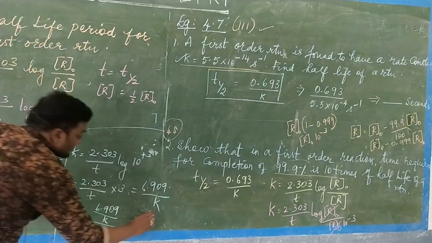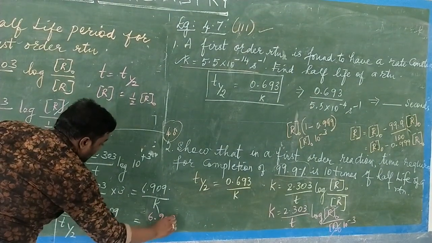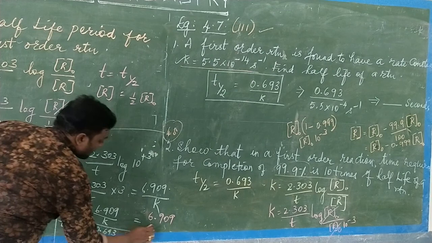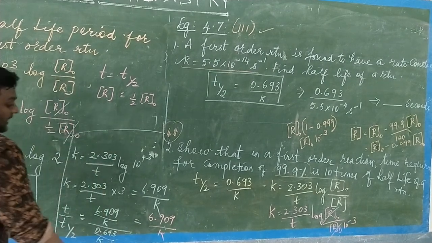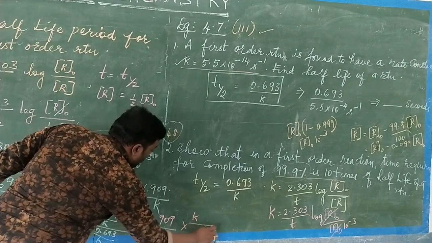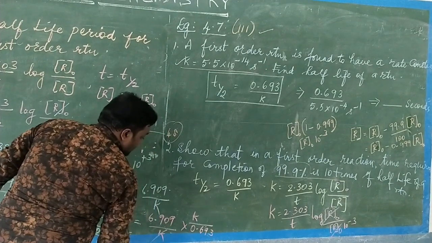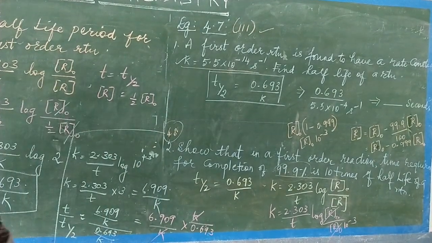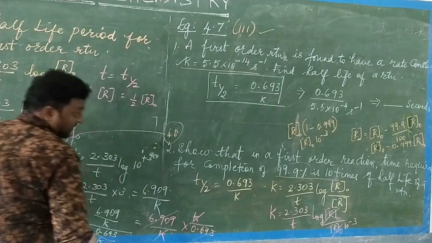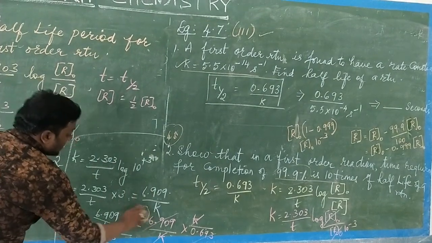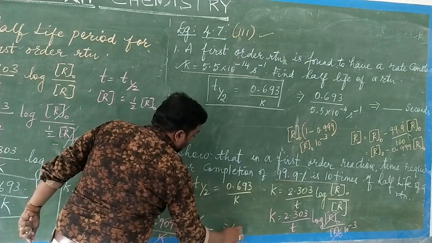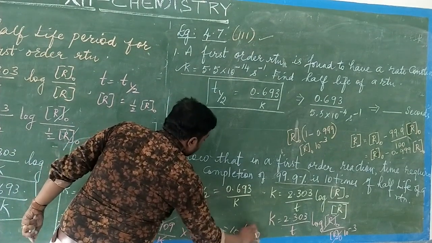How can I write it? You can write it only if you follow: 6.909 divided by K into K, the whole divided by 0.693. So this K will be getting cancelled off. Now when you divide it, it becomes 10 times.